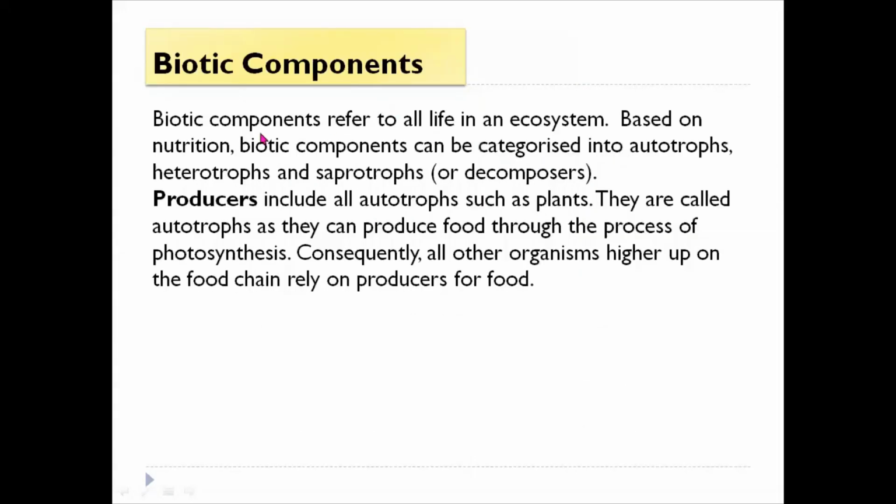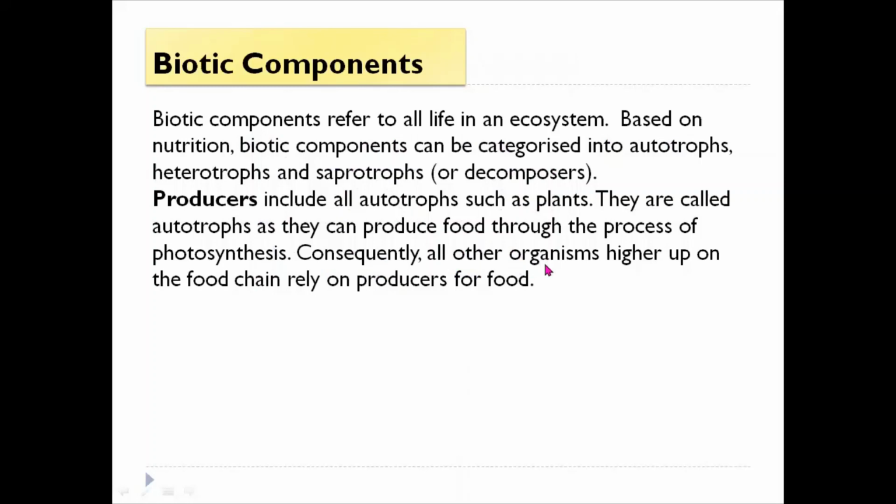Biotic components refer to all life in an ecosystem based on nutrients. Biotic components can be categorized into autotrophs, heterotrophs, and saprotrophs, or the decomposers. First, the initial stage is the producers. Producers include all autotrophs such as plants. They are called autotrophs as they can produce food through the process of photosynthesis.